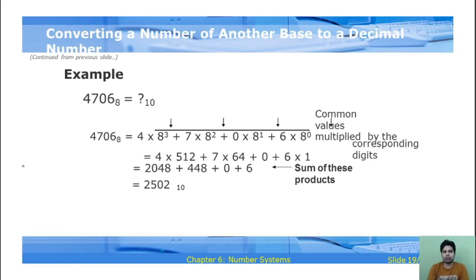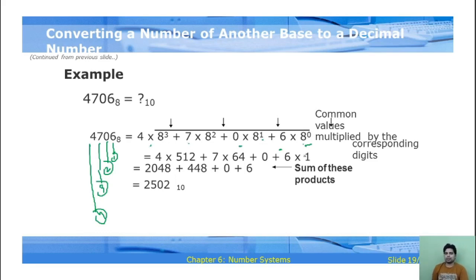So with the help of this example we can see 4706 in base 8, and you want to convert it into decimal. Yes, then 8 to the power 0 into 6 is the first digit, this is the second, this is the third, and this is the fourth digit. So the first digit is 6 into 8 to the power 0, the second is 0 into 8 to the power 1, 7 into 8 to the power 2, and 4 into 8 to the power 3.